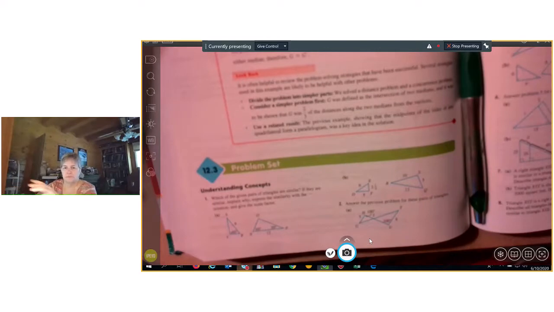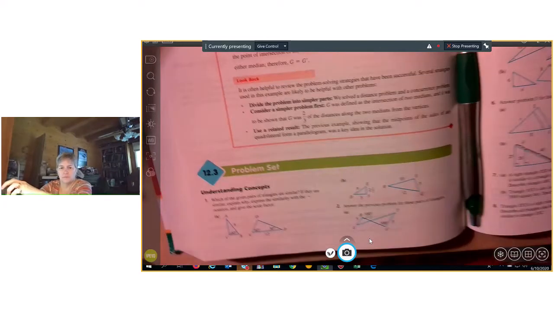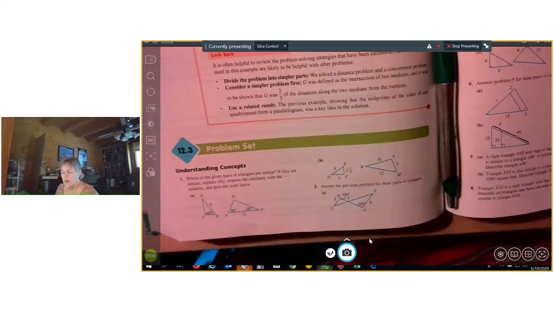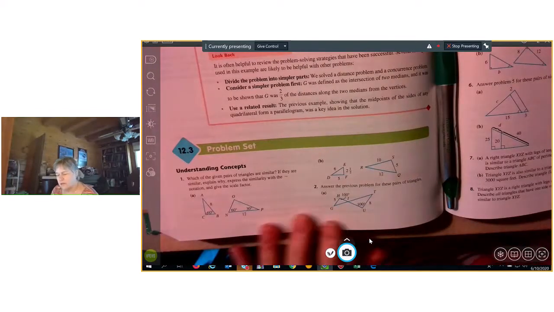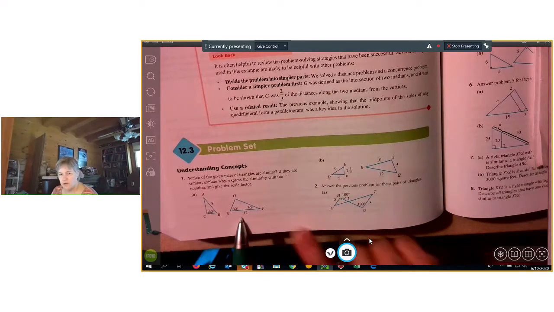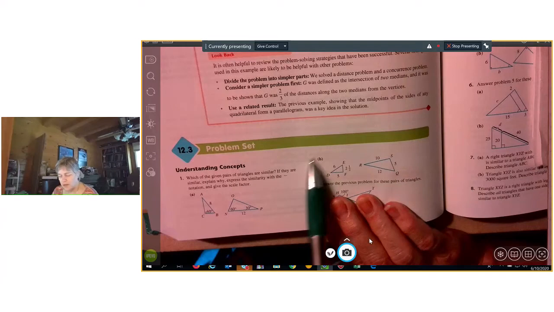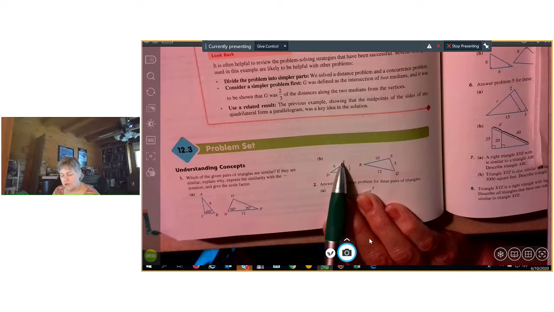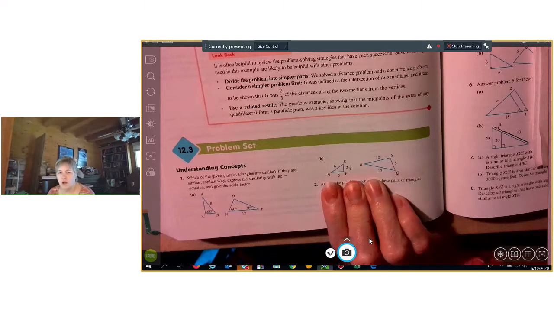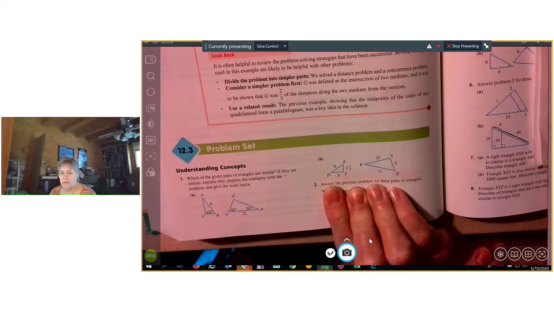So this is in the book. It's on page 654. And it's asking you, you've got a pair of triangles here, and you have a pair of triangles here, just A and B. So which pair of these triangles are similar, and why?